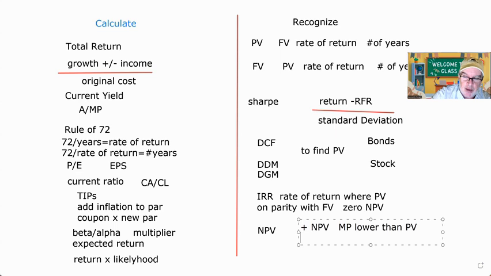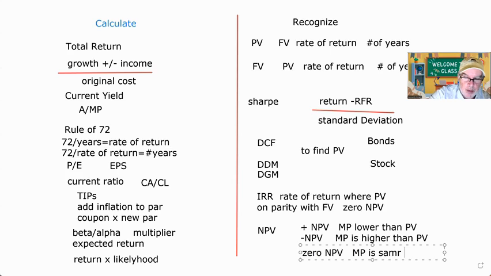If it's a negative NPV, the market price is higher than present value, so you probably shouldn't do it. And if you have a zero NPV, then it's the same. So a zero NPV means that market price is the same as present value. So it's still worth investing, but there's no bargain in this.